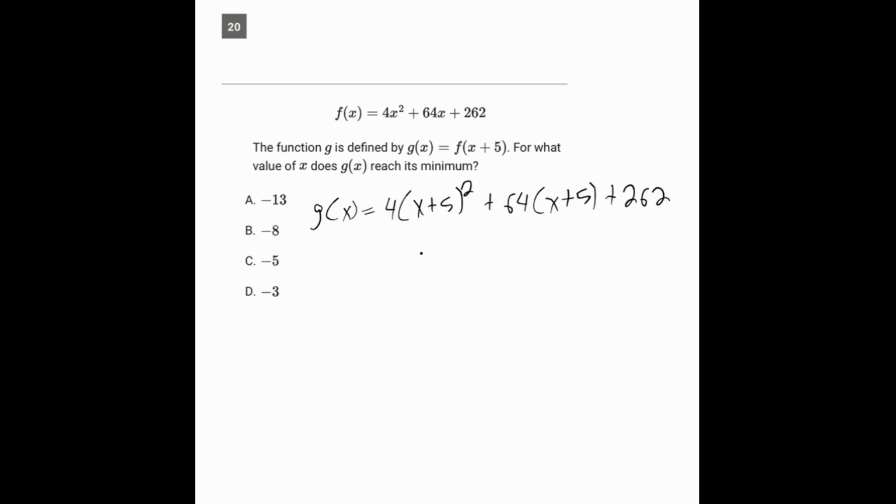Then we'd have a little legwork to clean this up. So (x plus 5) all squared, that's (x plus 5) times (x plus 5). And if we're FOILing that out, x times x is x squared, and x times 5 is 5x right there.